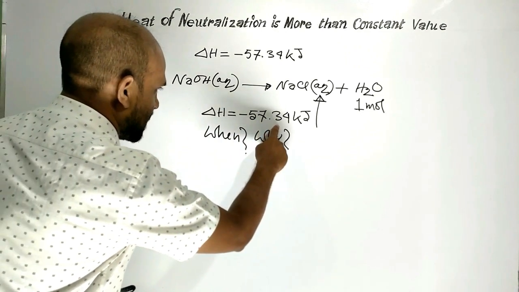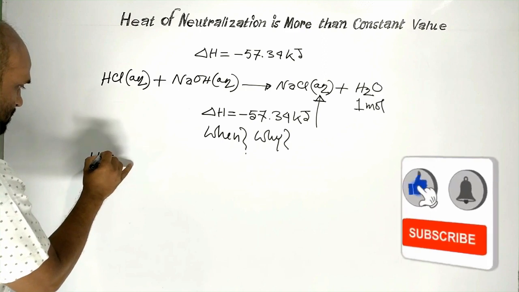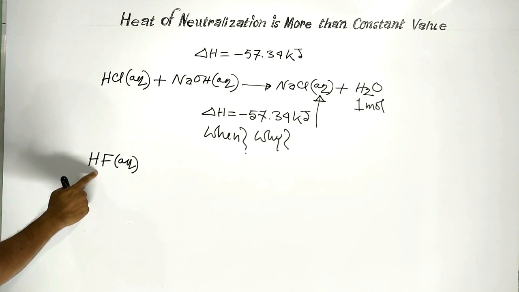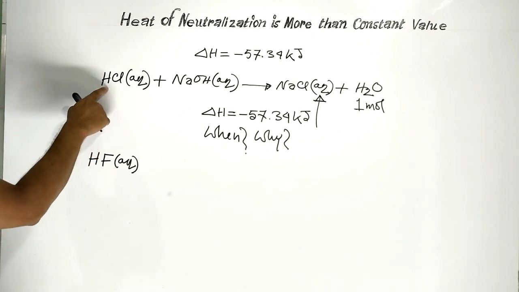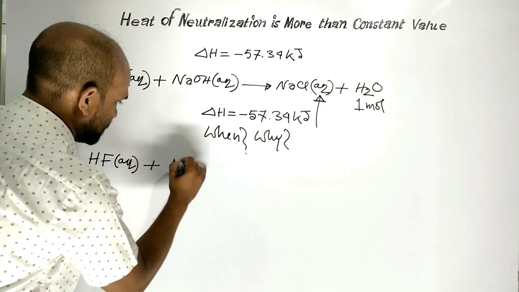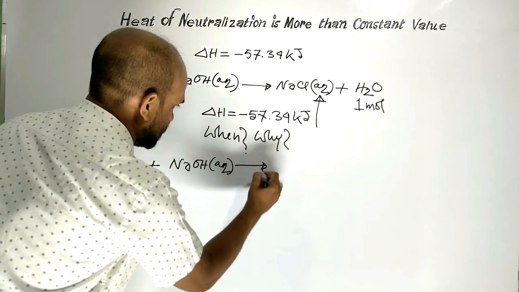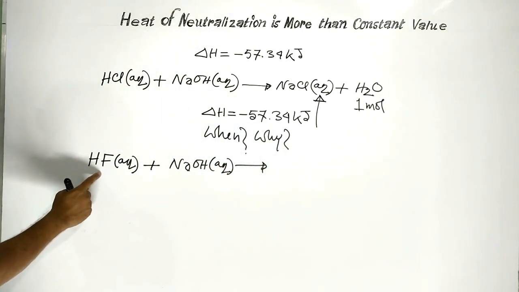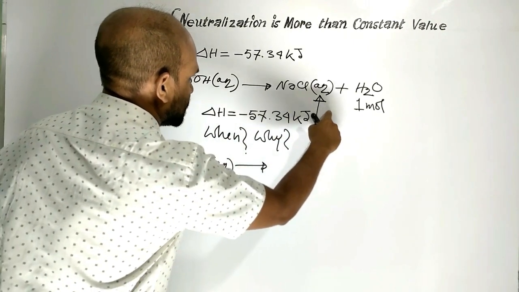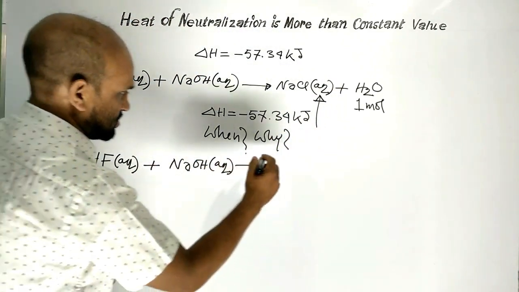This value increases if hydrofluoric acid is used instead of a strong acid, and the base is sodium hydroxide. Actually, when hydrofluoric acid is used, this constant value increases. Now let us see why it increases.